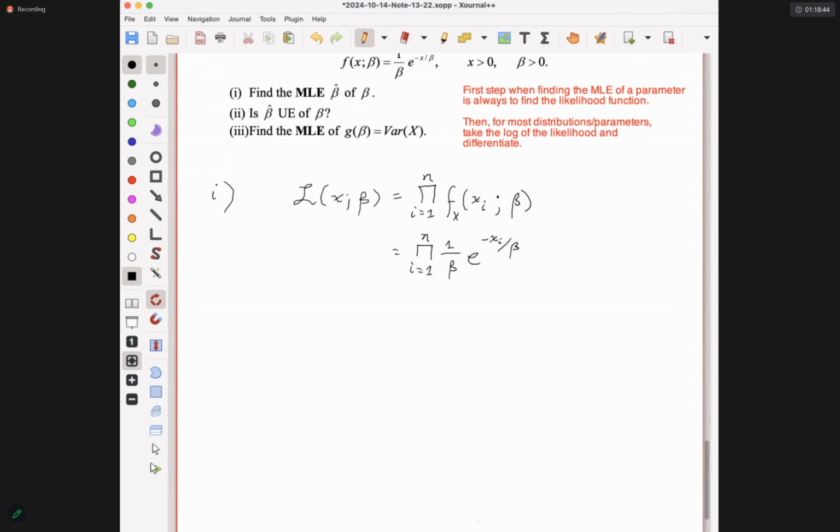And now how do I simplify this problem? Not taking a log yet. Let's start with how we get this 1 over beta simplified.